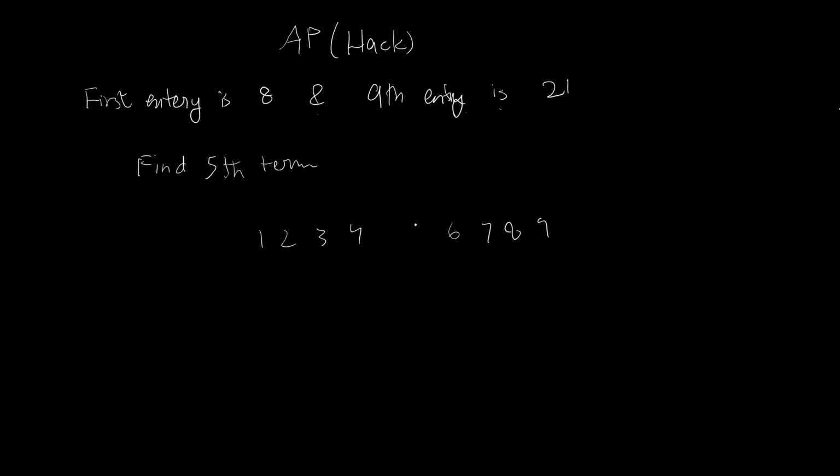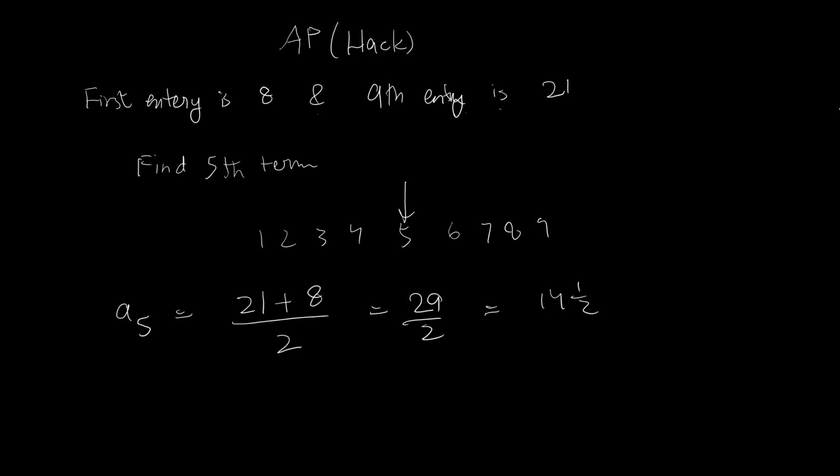Since you know the fifth entry is in the center, that means you can just take the average of the first and the ninth entry here and find the fifth term very easily. In this case, it would be 29/2, which we convert into mixed fractions. So it would be 14 and a half.